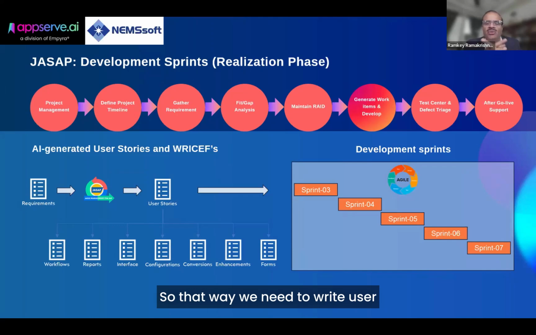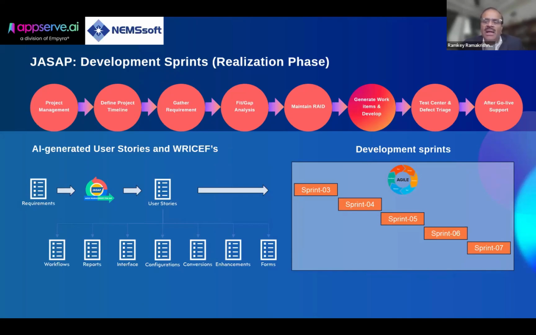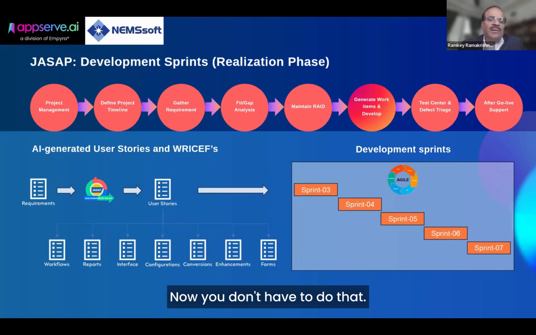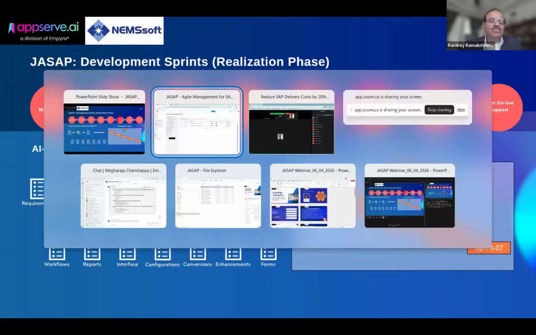In many projects you must have written user stories and RISE items manually. Now you don't have to do that. This JASAP will automatically go through the requirements and create the user stories and the RISE items for you. Let us have a look at how it does.